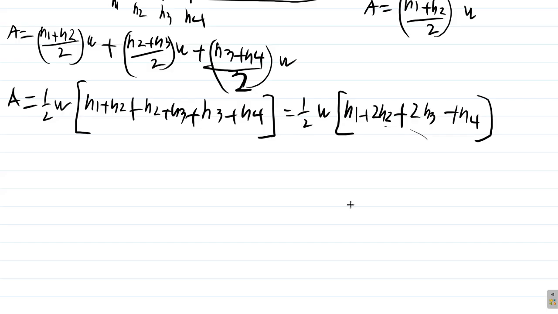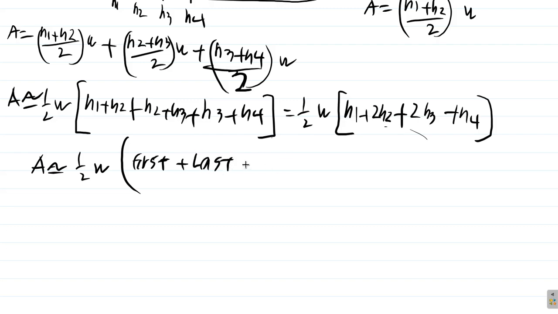So what the trapezium rule says is the area is approximately equal to half the width times the first plus last plus twice the others.